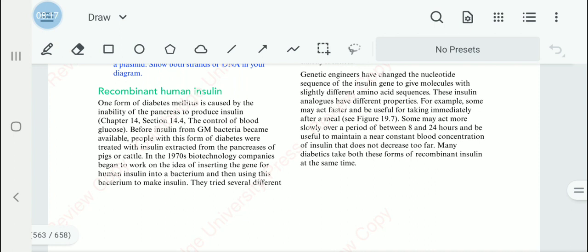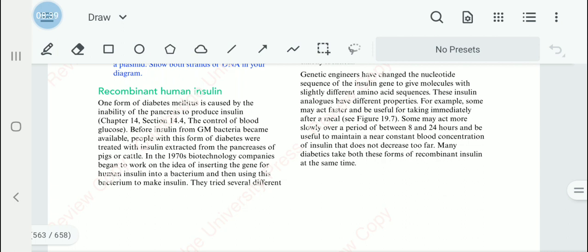Genetic engineers have further changed the nucleotide sequences of insulin to give molecules with slightly different amino acid sequences, producing insulin with slightly different properties.